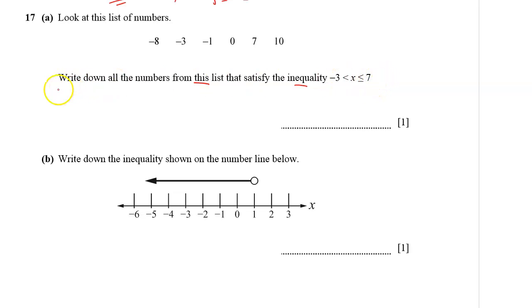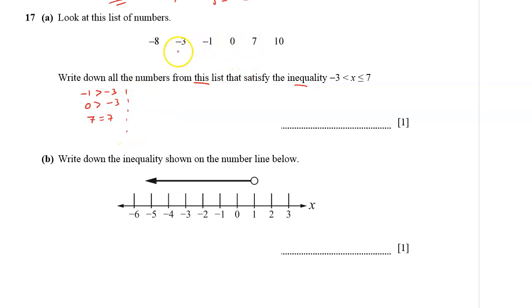Right? So we can see from here, -1 is greater than -3. We know that. We also can see that 0 is greater than -3. We can see that 7 is equal to 7.